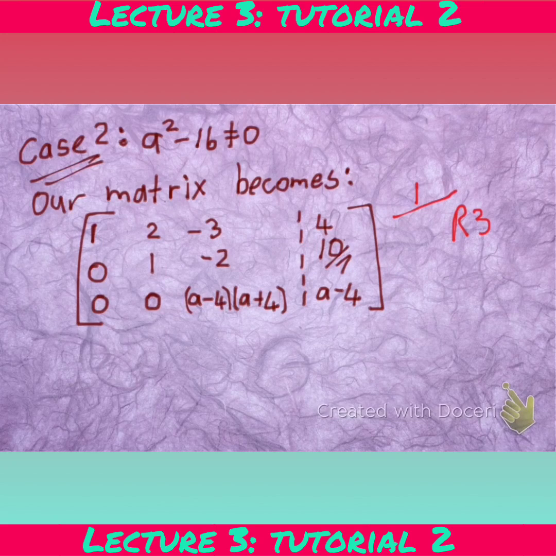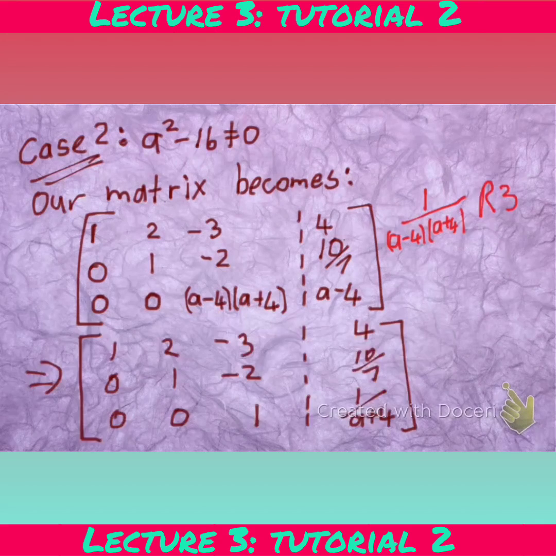So I'm going to change the third row by multiplying it by 1 over a minus 4 times a plus 4. So the first non-zero entry in the third row is going to become 1, and dividing a minus 4 by a squared minus 16 gives me 1 over a plus 4.